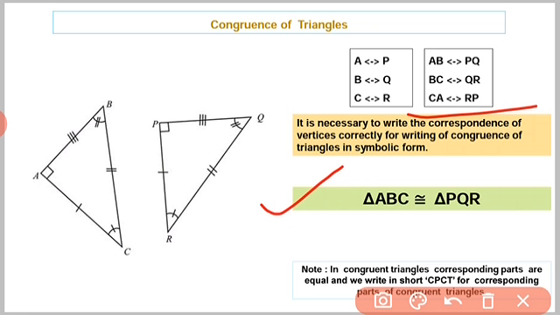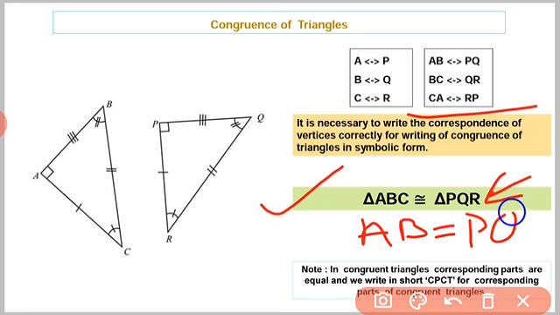We write it in short CPCT, and it stands for corresponding parts of congruent triangles. It means if it is given that triangle ABC is congruent to triangle PQR, that means AB is equal to PQ. It is the corresponding part of congruent triangles. So by CPCT we can say AB is equal to PQ.